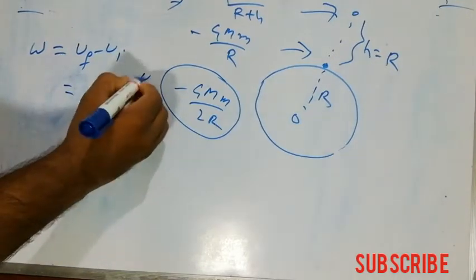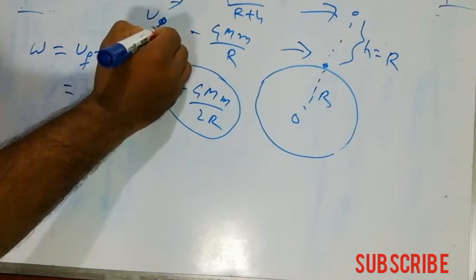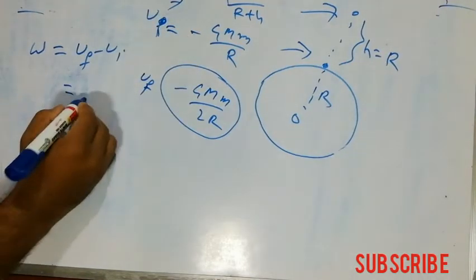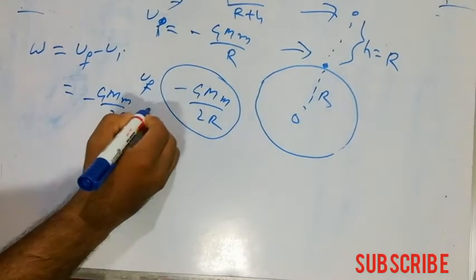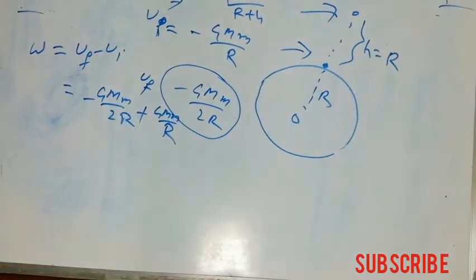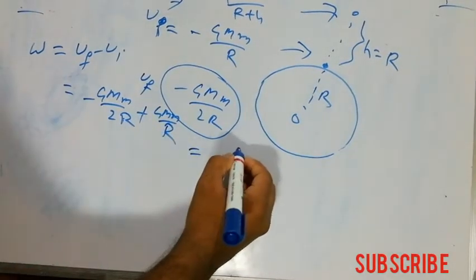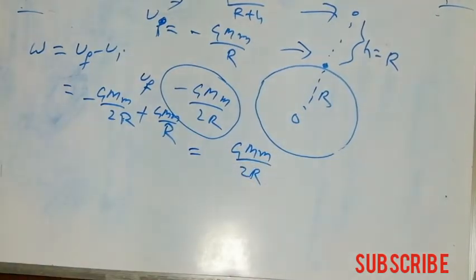So what is U final? U final is equal to minus GMm by 2R, minus U initial, which gives plus GMm by R. So this becomes GMm by 2R.